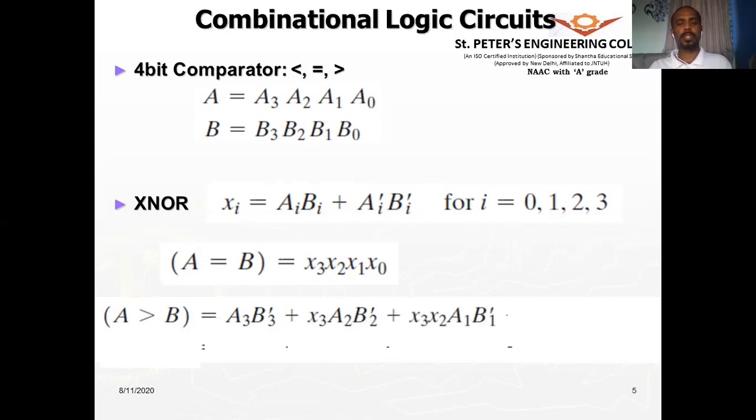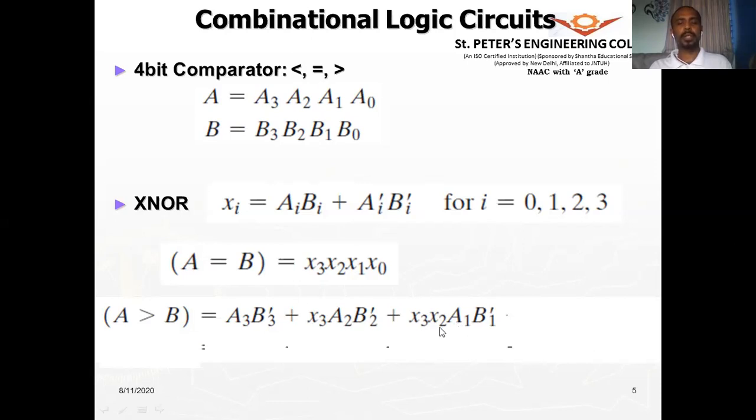That means we should have equality in the A3 bits, that is the most significant bit, and in the next lower position also there should be equality, and then the A1 bit and B1 complement bit we are going to compare.